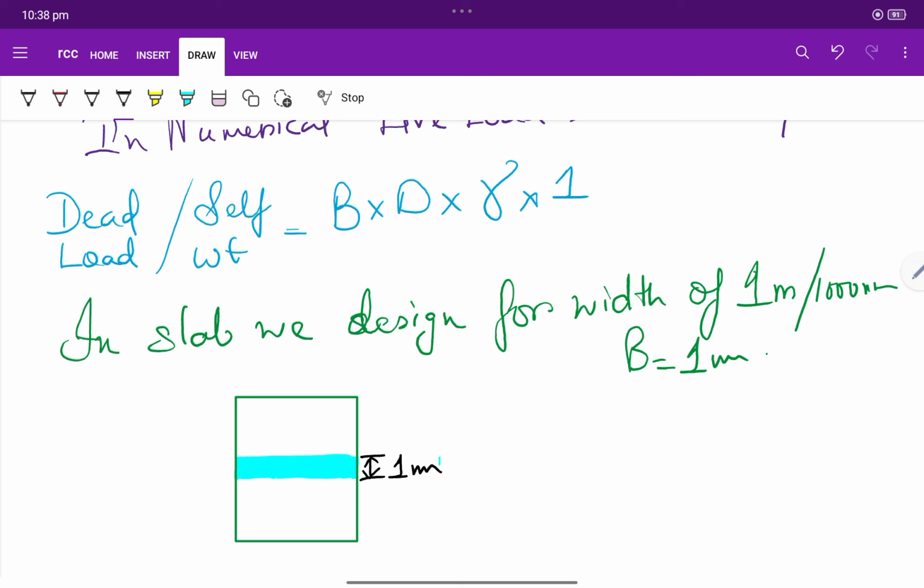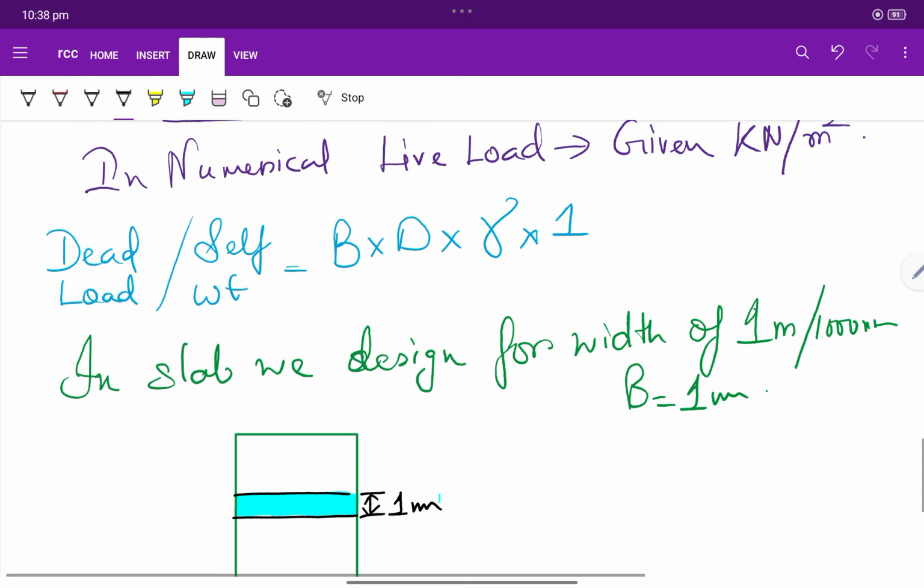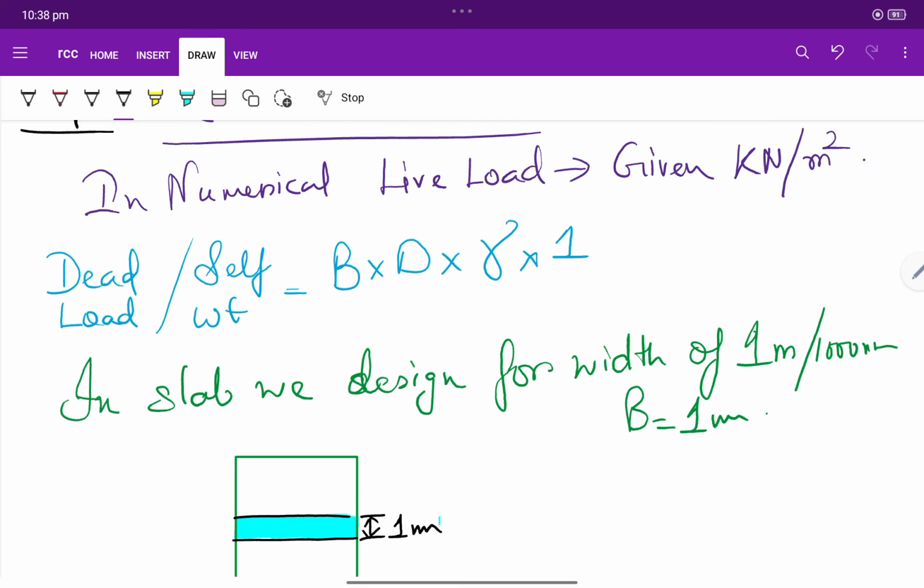Because a slab has a huge span, if we take the whole thing, the calculation will be critical. So we design for a 1 meter strip and multiply with the total span. This is a very important point in the slab.